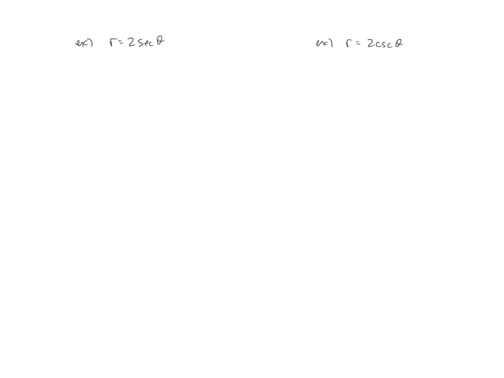So in the first example, I'm going to go ahead and say that this is 2 over cosine of theta, and if I multiply the cosine to the other side, I get r cosine theta equals 2. Well, r cosine theta is actually x in the rectangular coordinates, and so what we find out is that r equals 2 secant of theta is the same thing as x equals 2.